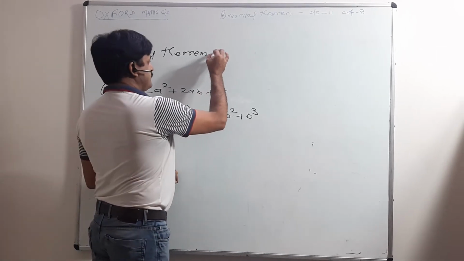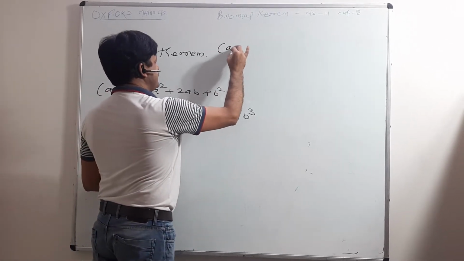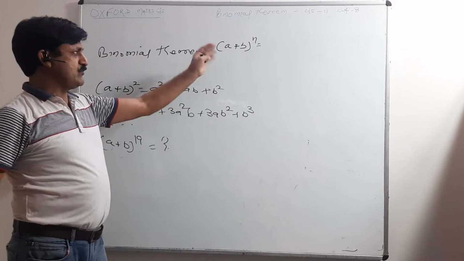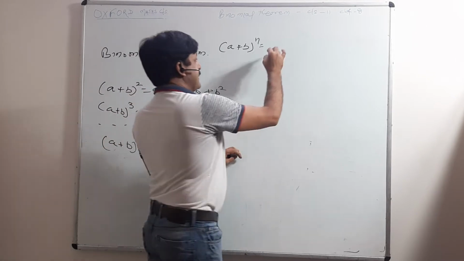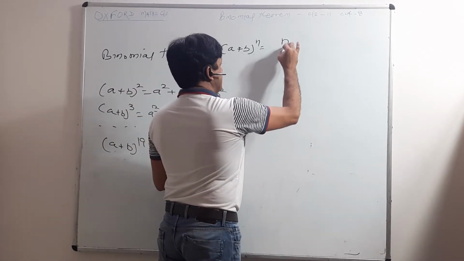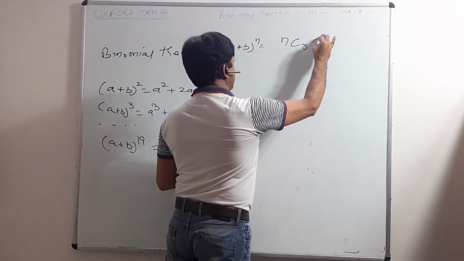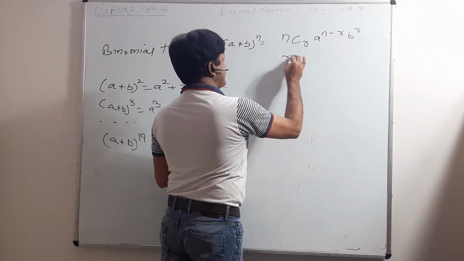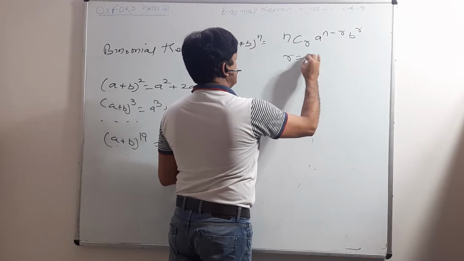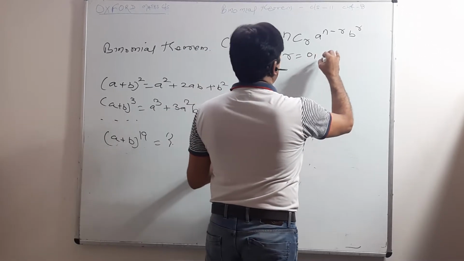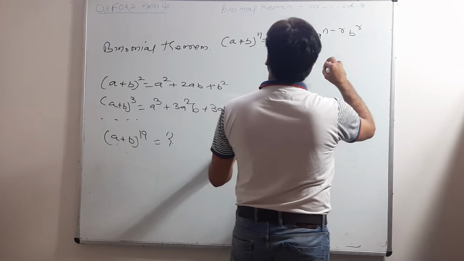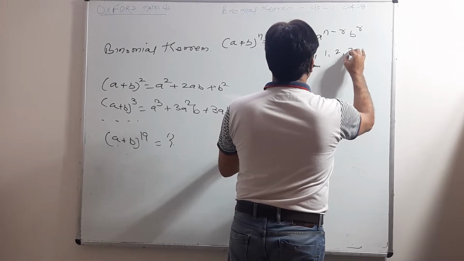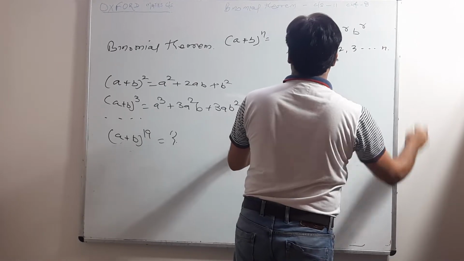In the binomial theorem, (a plus b) whole power n, generalized for any value of n, is equal to the sum of nCr a to the power n minus r and b to the power r, where r is equal to 0, 1, 2, 3 up to n.